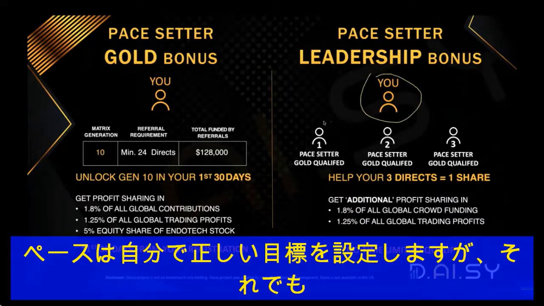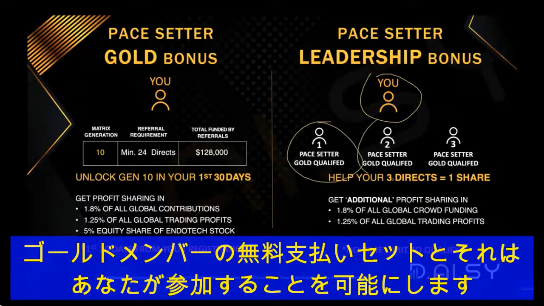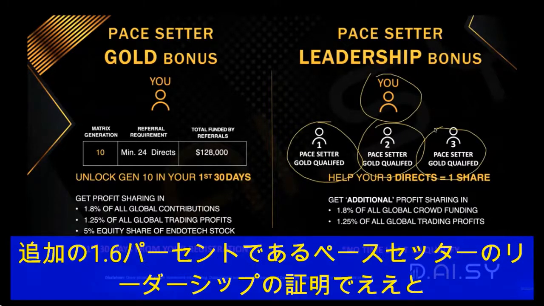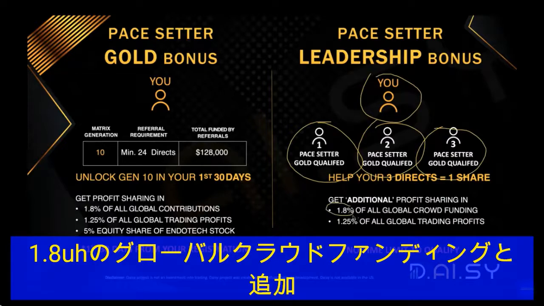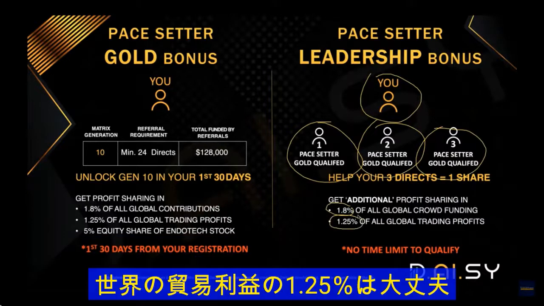But you still can have free Pacesetter Gold members, and that will enable you to participate in the Pacesetter Leadership Pool, which is an additional 1.8% of global crowdfunding and additional 1.25% of global trading profits.